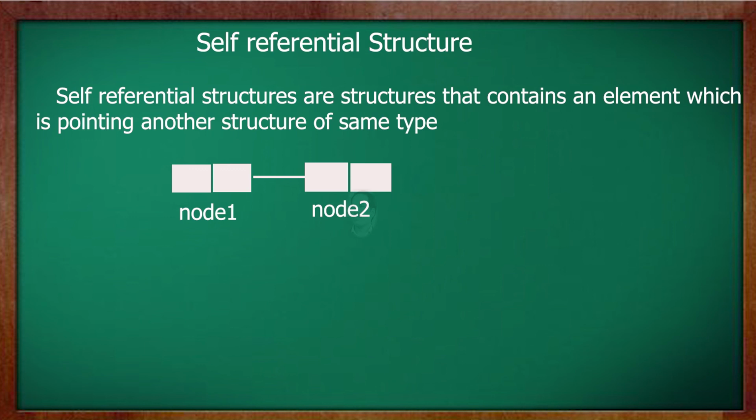They are the same type of structures, but structure 1 contains a field that contains the address of another structure. Node 1 contains an address field, which is a pointer pointing to another structure of the same type. Such structures are called self-referential structures.